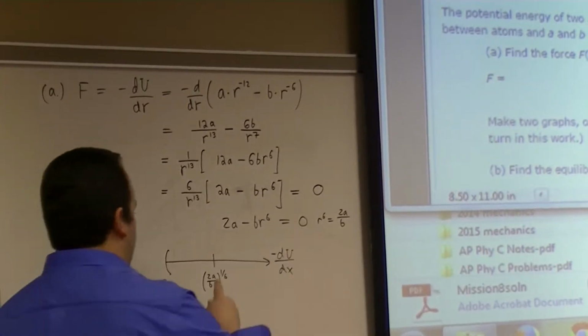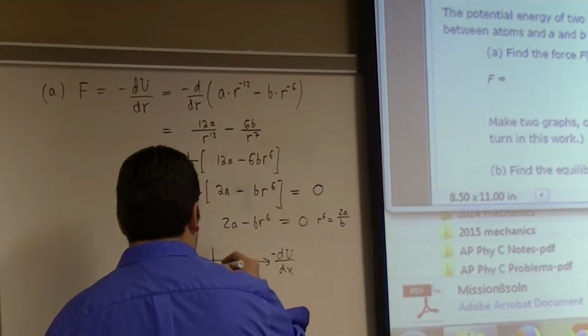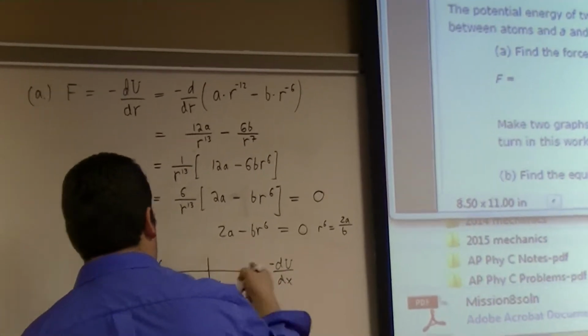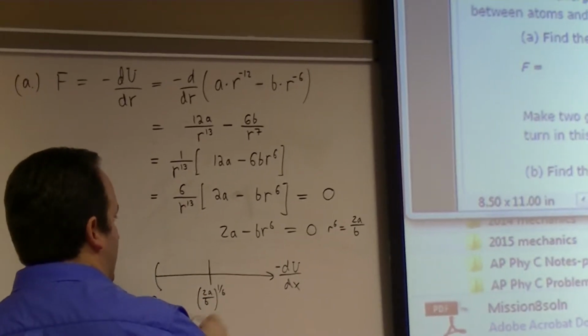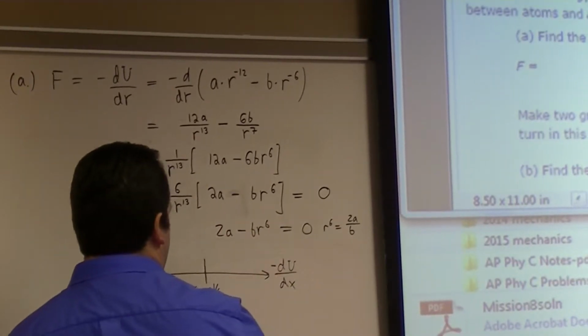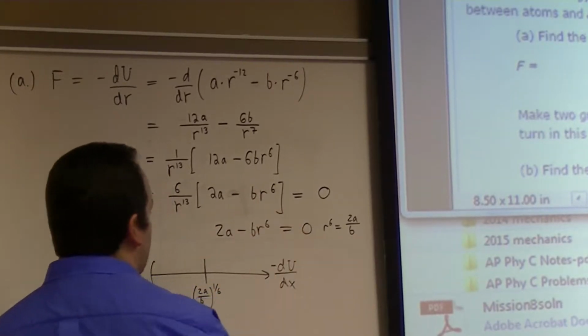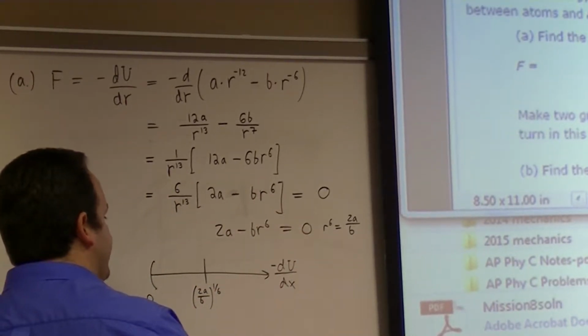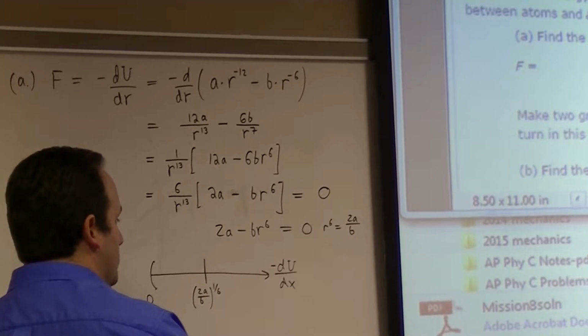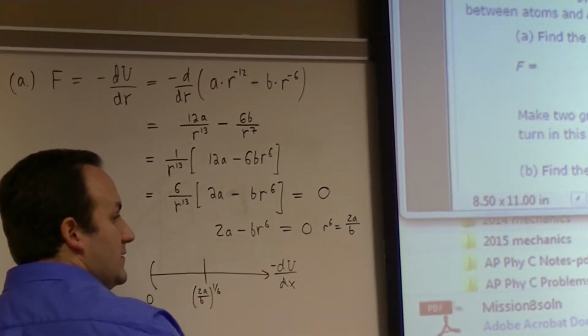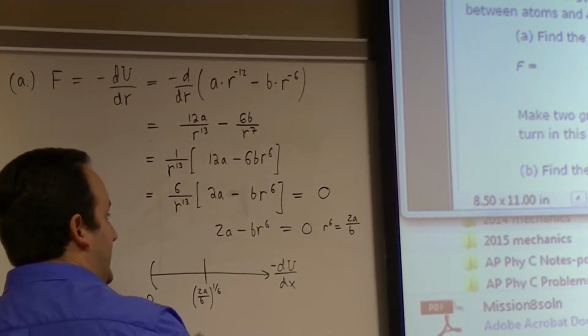And then you can just think about, is the force increasing or decreasing to one side of the maximum? For example, if I plug in less than this value, does this quantity become positive or negative? What happens if I put the sixth root of a over b?